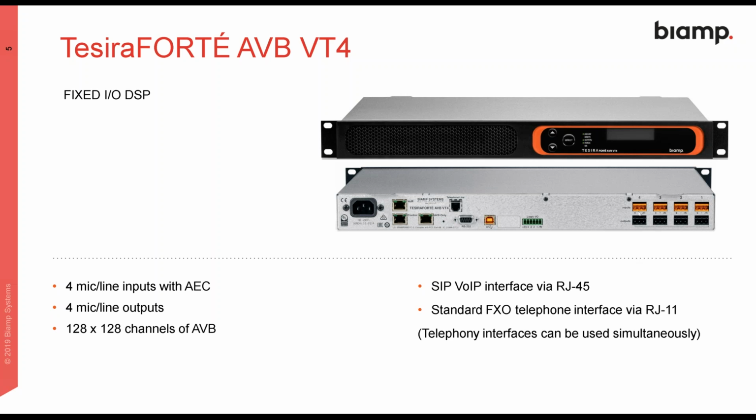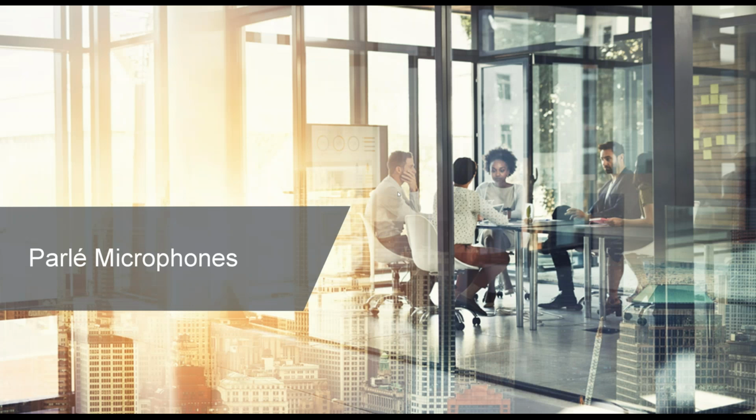It's got 4 in, 4 out, 4 channels of AEC. It can manage 128 channels in and out using the AVB protocol. You can also do VoIP or standard telephone with that equipment. So it's a pretty standard DSP, and we'll see what else we need to make a complete conference room.